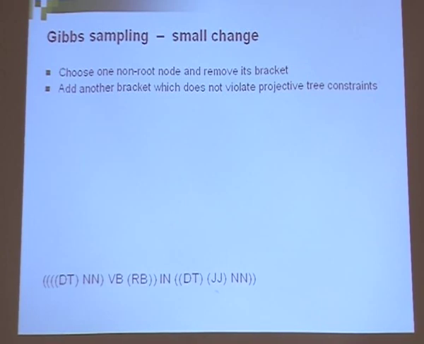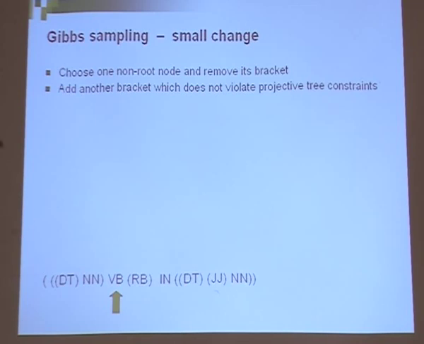And the small change is the following. We choose one non-root node and remove its bracket. In this example, for example, it will be the VB, which is a verb, and we remove the appropriate bracket, so it is this bracket. And we add another pair of brackets which doesn't violate the projective tree constraints.